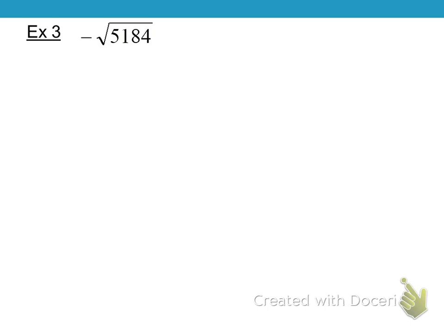All right. Another big one. Our answer is going to end up being negative because I see a negative out front. So 5,184. What am I going to do? Make a tree. It is divisible by 2.